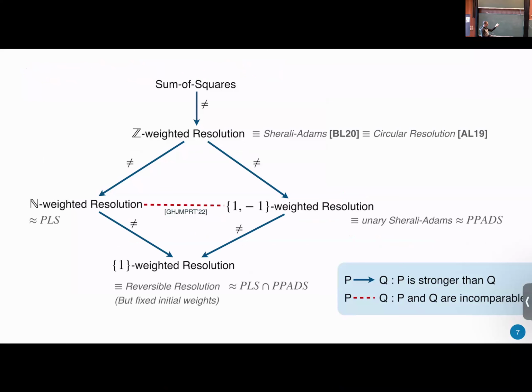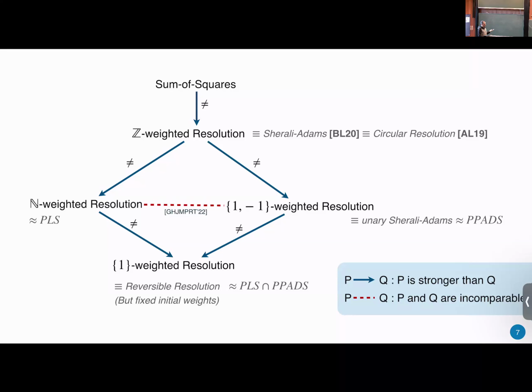A common system weaker than both will be the weights that are just ones. The weaker one corresponds to reversible resolution, but that was in the context of SAT, where you have the freedom of putting the same clause with multiplicity.